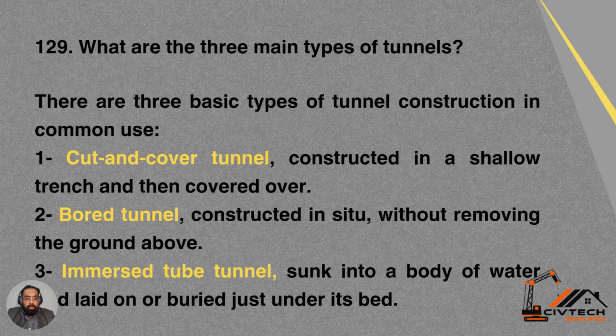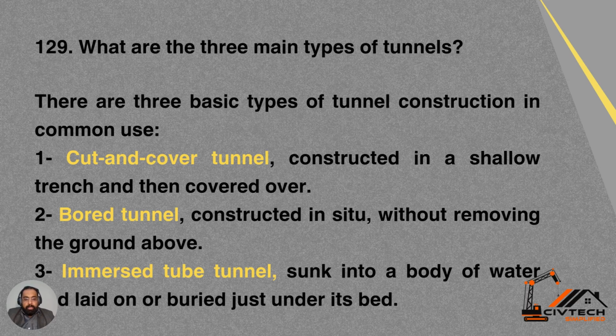Then we have question 129, and it's an explanatory question. What are the three main types of tunnels? There are three main types of tunnel. The first one is cut and cover tunnel. The second one is bore tunnel, and the third is immersed tube tunnel. So with respect to the construction of the tunnel, there are three different types.